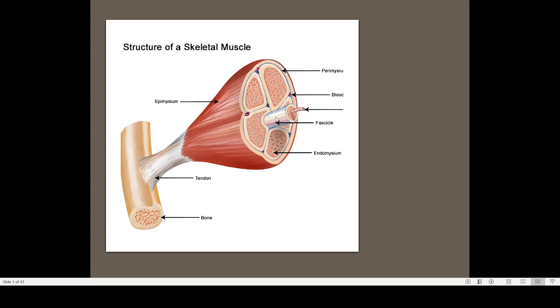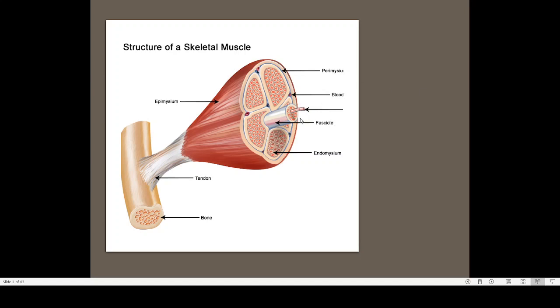If you take one fascicle, it will be covered by a layer known by the name perimysium. So the outermost covering is the epimysium, and here there is a covering known by the name perimysium. That is the second internal covering.